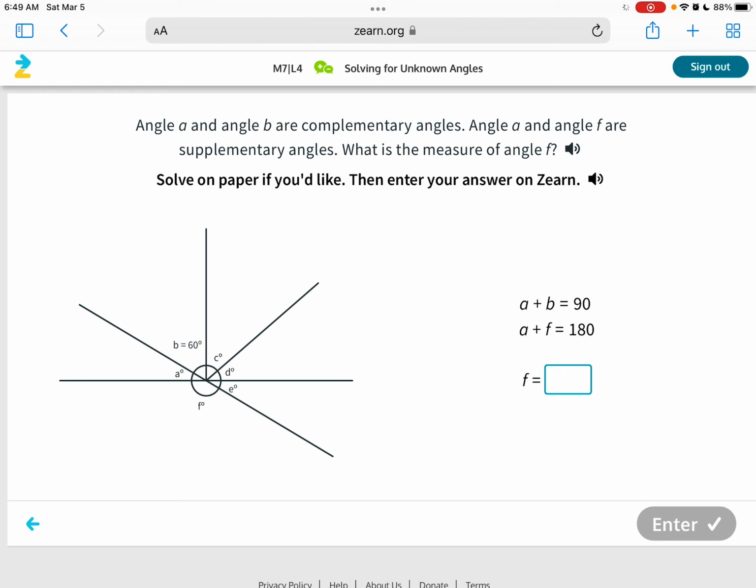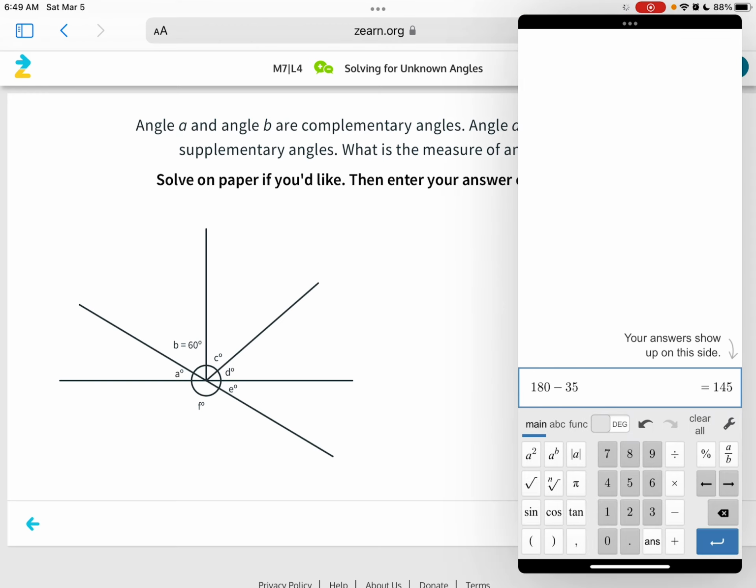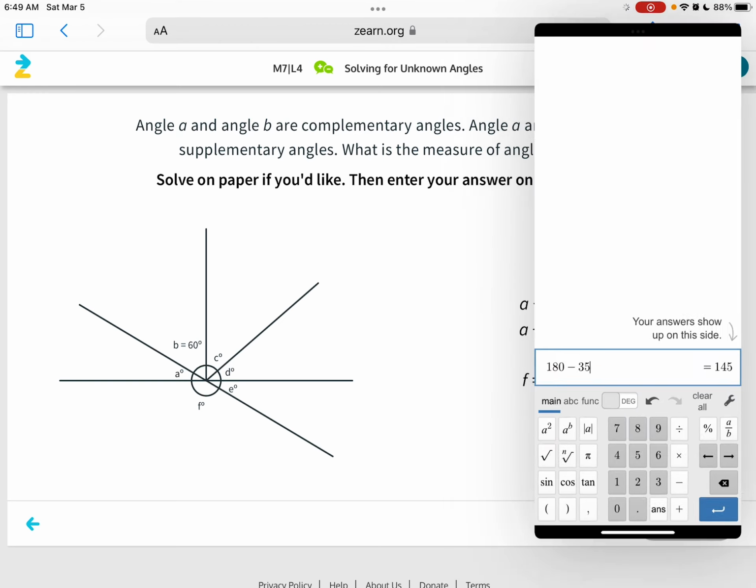Okay, so on this one, you have to use both of those equations to solve.